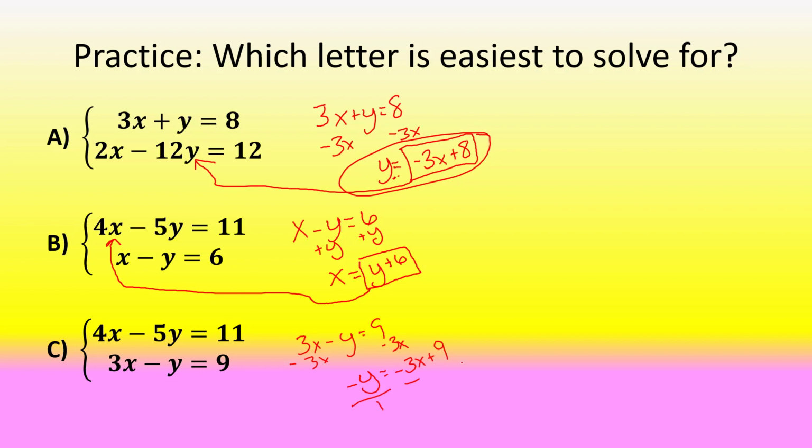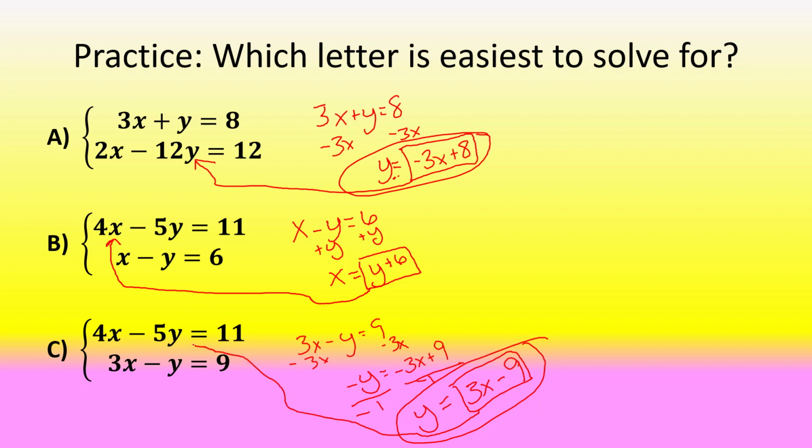Then we'll divide by negative 1 on both sides. And y is now equal to 3x minus 9. And since we now know the y value, we can take that y value and plug it in to solve the system of equations.